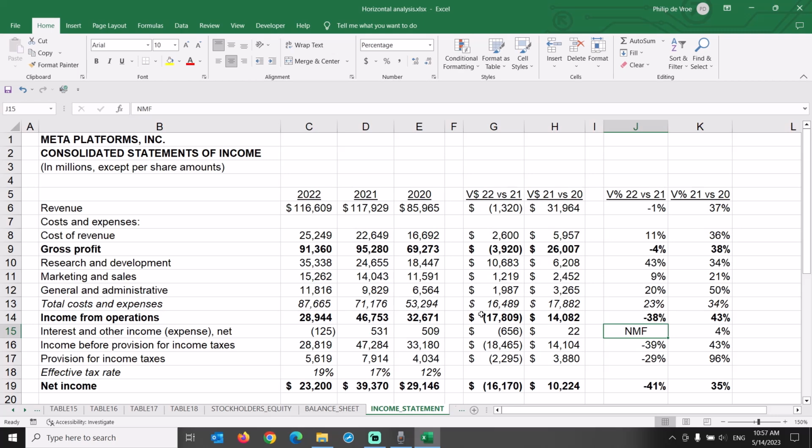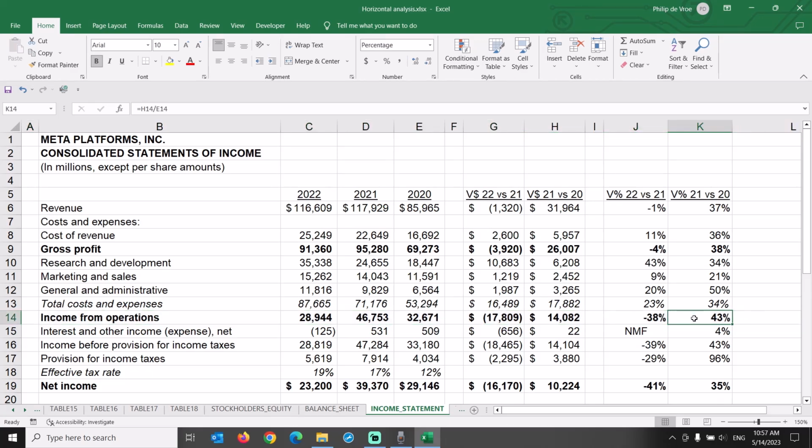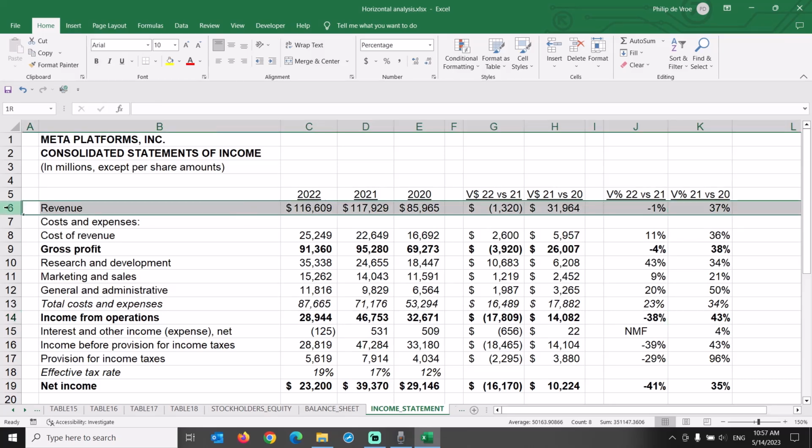What are the numbers trying to tell us in this horizontal analysis of the income statement? Let's focus on the income from operations line and the line items leading up to it. An increase in income from operations of 43% in 2021 versus 2020. Revenue growth of 37% certainly explains a big part of that.